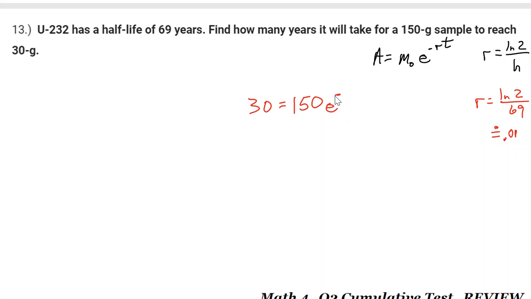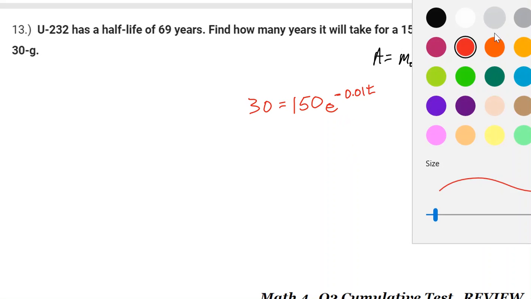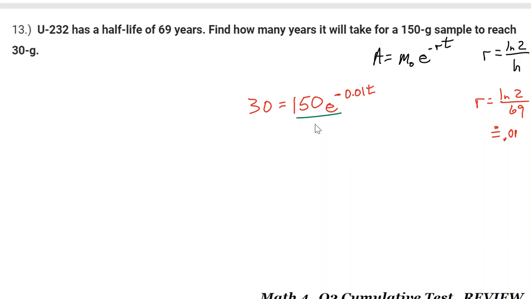And we don't know how many years yet. That's the one missing variable we have to figure out. Well, first step is to divide by 150. 30 over 150 really reduces, matter of fact, let's keep this easy.